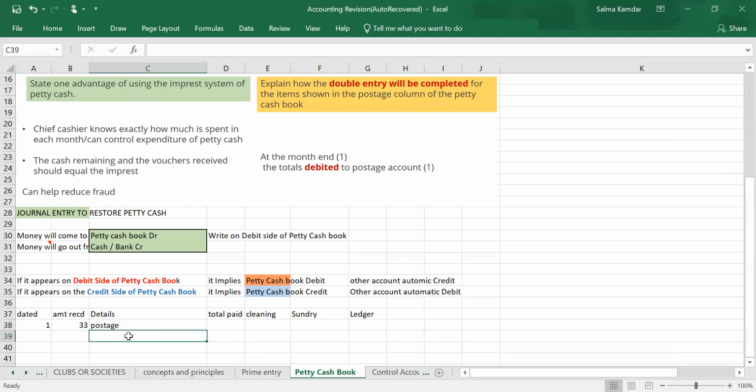Suppose I have Abdul Rahim over here, total paid is 17 and in the ledger it is 17. They will ask me how I will complete the double entry of the transaction dated second.